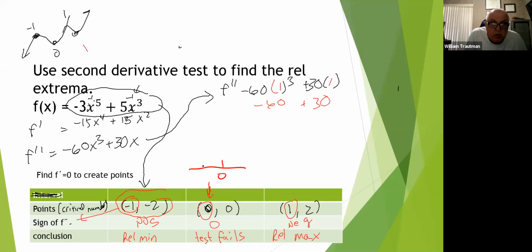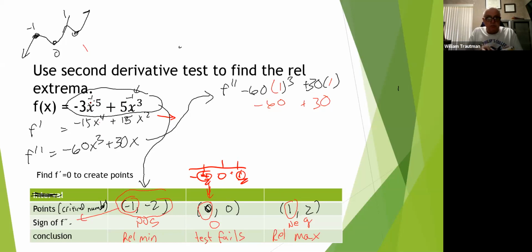A number before is -1, and a number after would be +1. If you plug -1 into the first derivative, that's a bad number. You've got to plug in something like 1/2, something that won't turn to 0, because those numbers are already there. So plug in -1/2 and +1/2.